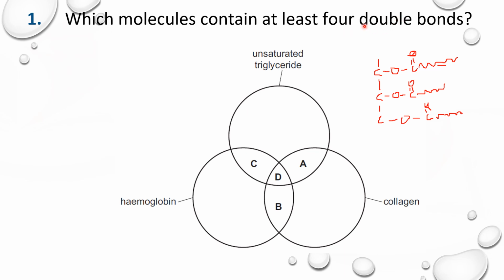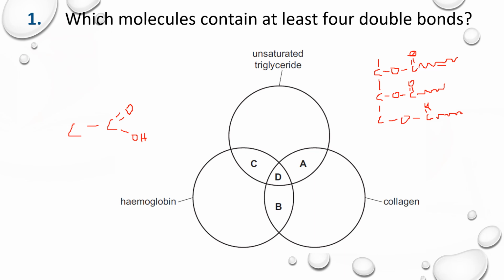Now, guys, don't forget collagen and hemoglobin are all made up of amino acids. So let's look at, if you remember, the structure of amino acids. An amino acid is made up of a carboxylic group, which also contains a carbon double bond oxygen, and of course there is an OH here. You can see OH here.